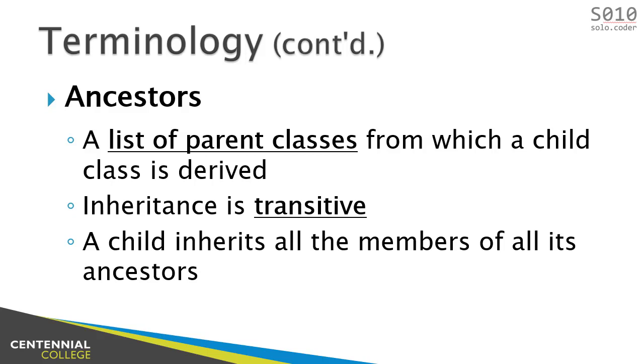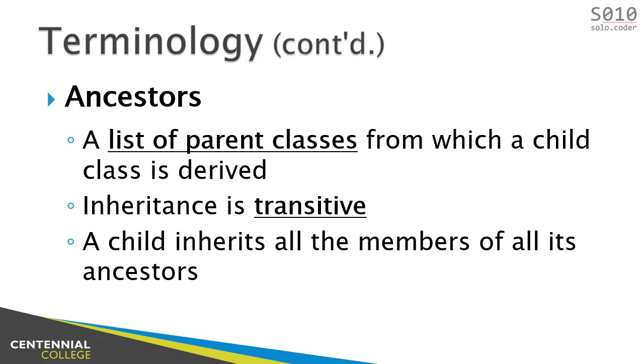Object is at the top of the food chain in terms of classes. Okay? So, all of those ancestors, the class at the bottom, it inherits all properties, methods, fields from all classes that came prior to it.